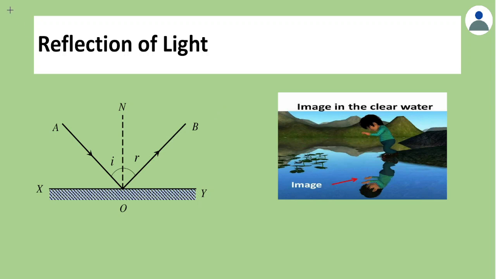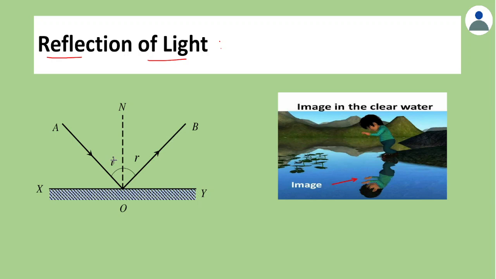Next topic is called reflection of light. It's a very, very common phenomenon that you might have learned in school also. We'll just recap it here. It is a process in which a light ray, when incident on, for example, a mirror or a reflecting surface, bounces back into the same medium.